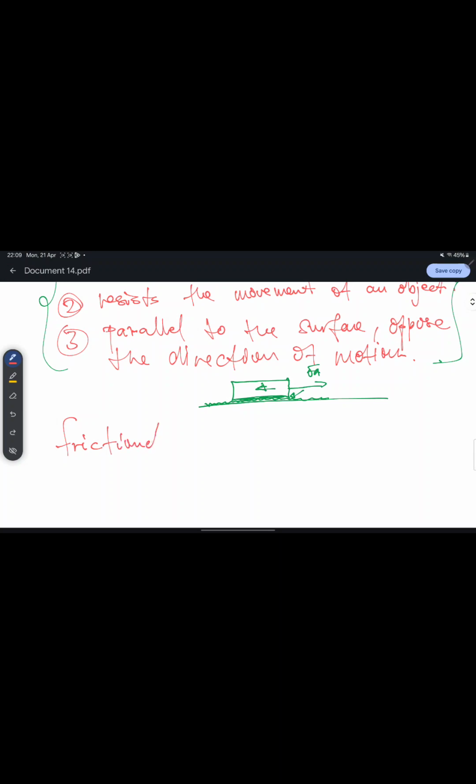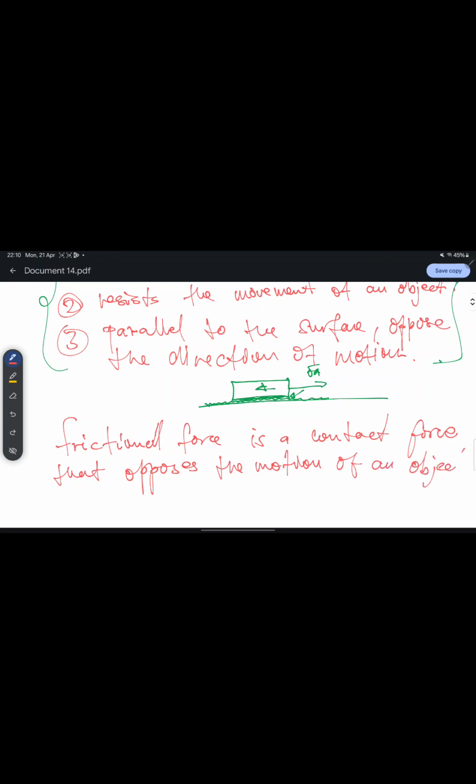Frictional force is a contact force that opposes the motion of an object and which acts parallel to the surface.